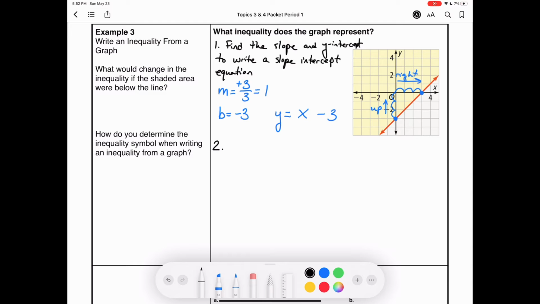So the next thing we need to do is turn this into an inequality. So we're going to test a point on this graph to see which inequality symbol we need to use.